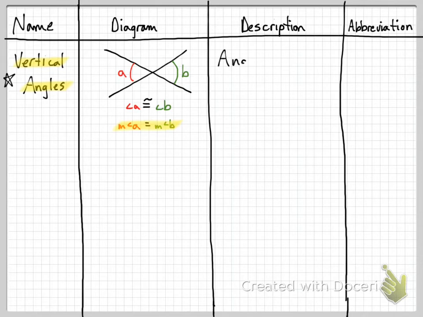So angles opposite each other at an intersection of lines or segments.